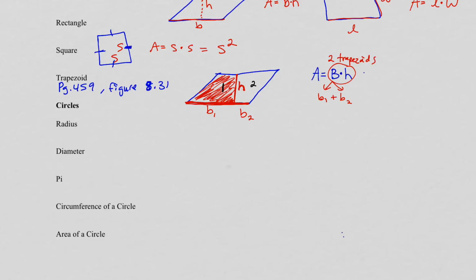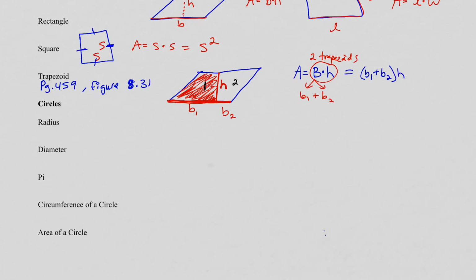So we're going to replace that B with B1 plus B2. And if you notice, these are exactly the same trapezoids. So this B2 is actually right up there. It's the same thing.